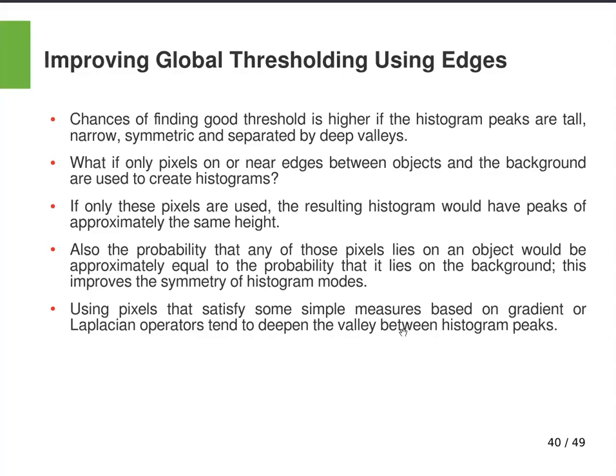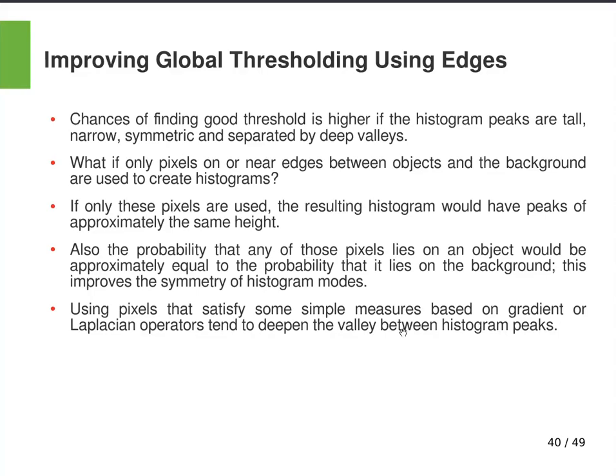So chances of finding a good threshold is higher if the histogram peaks are tall, narrow, and symmetric, and they are separated by a deep valley. But what if only pixels on or near edges between the objects and the background are used to create the histogram? You might ask, what is the reason for doing that?